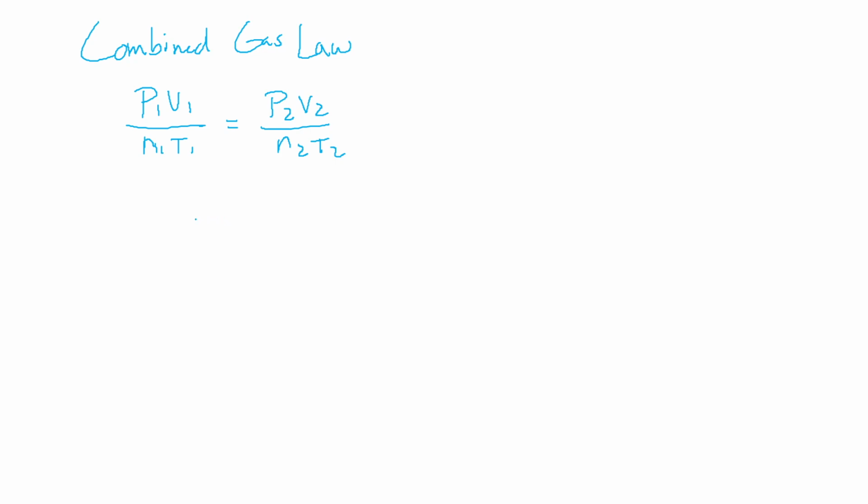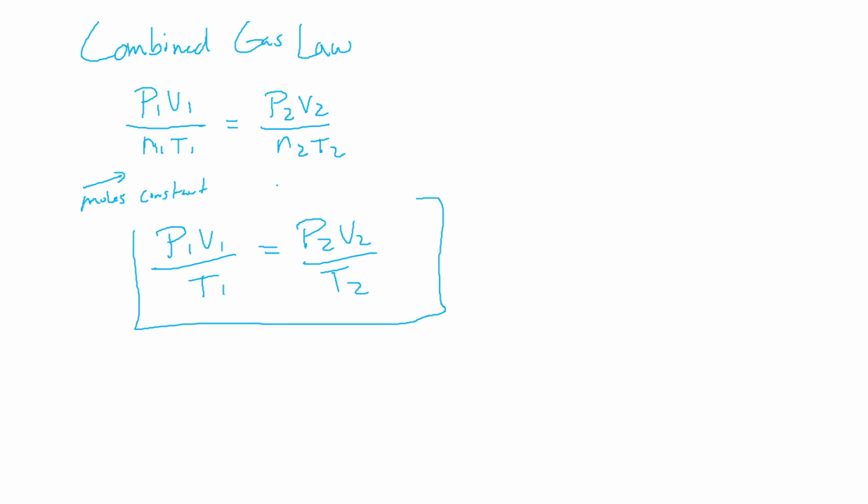This deals with gases, pressure, volume, and temperature, and n is moles. Usually the moles stay constant, and you will oftentimes see this one as P1V1 over T1 equals P2V2 over T2. This is what is usually commonly referred to as the combined gas law. The temperature here, like normal, is Kelvin. Pressure can be any unit as long as they're the same. Volume can be any unit as long as they're the same.